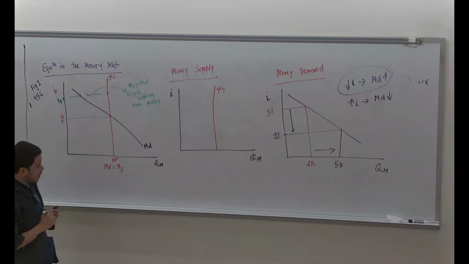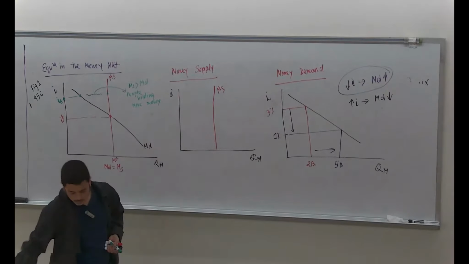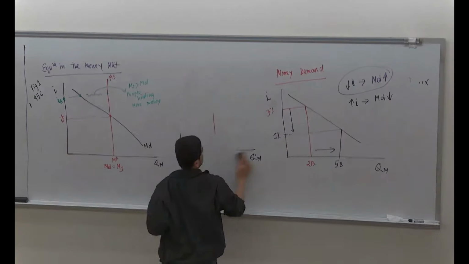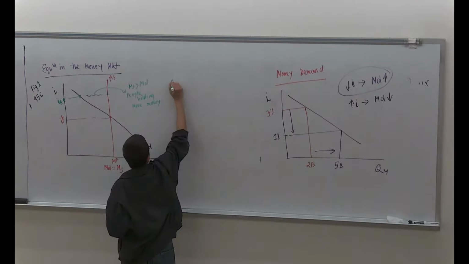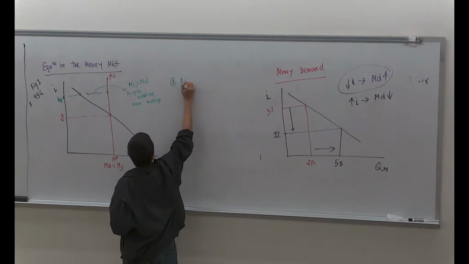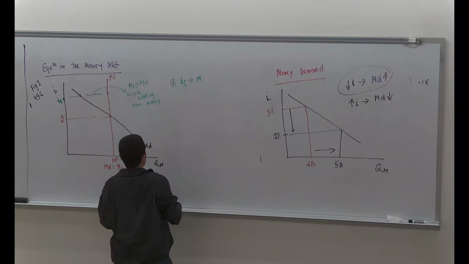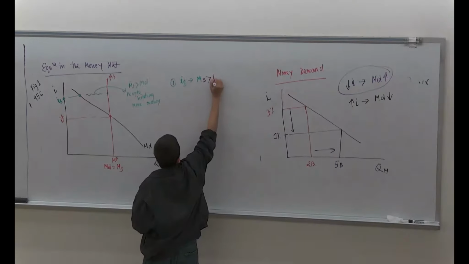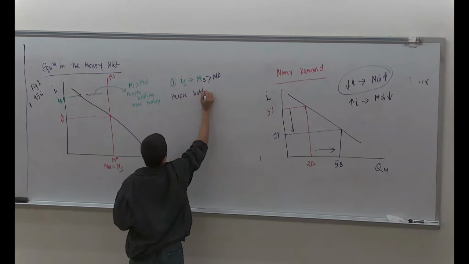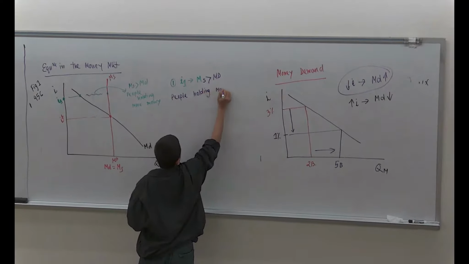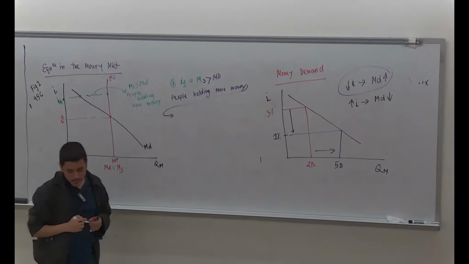Okay, now if people are holding more money, let me explain. Let me erase the money supply curve. At I1, money supply is greater than money demand. When you hold more money, you don't need that amount of money.